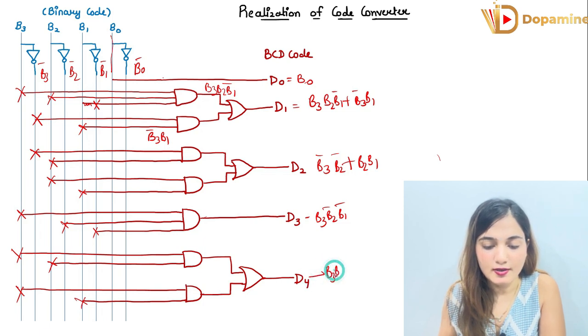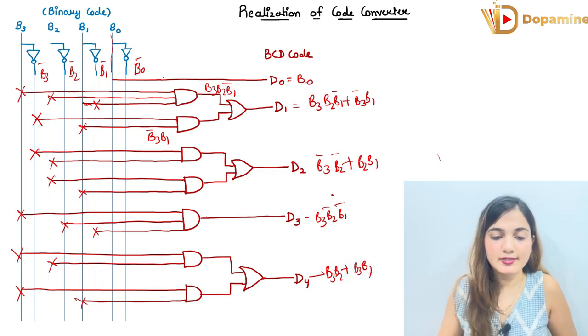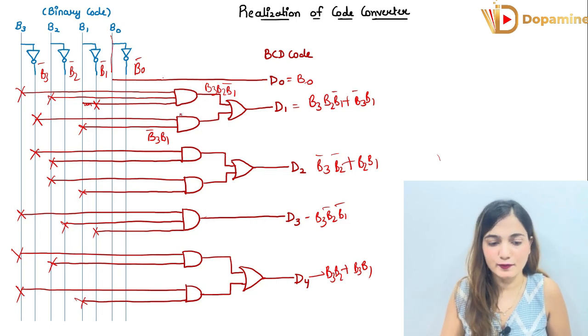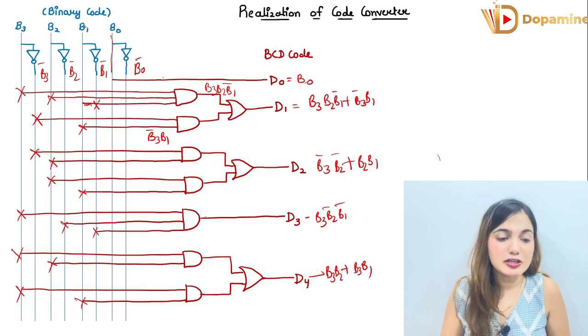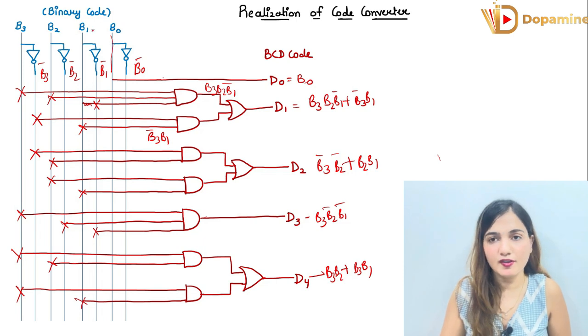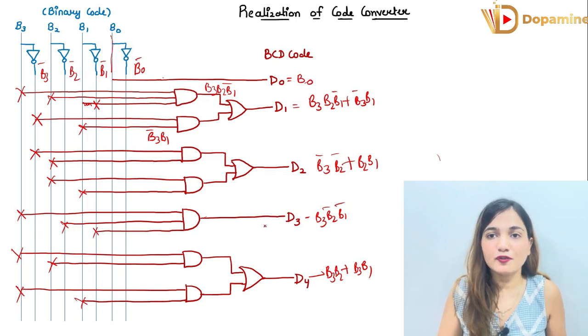So B3, B2 plus B3, B1. That's how you can realize the code converter using the basic logic gates, AND gate, OR gate, NOT gate. You have just used these three and the input bits B3, B2, B1, B0 of the binary code, and then you have got the BCD code D0, D1, D2, D3, D4. Just remember, input was 4-bit but output now is 5-bit.